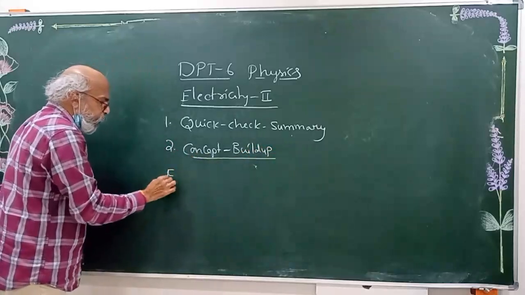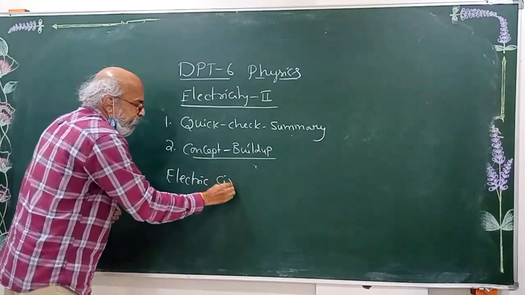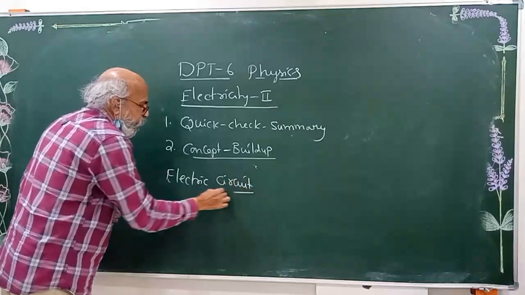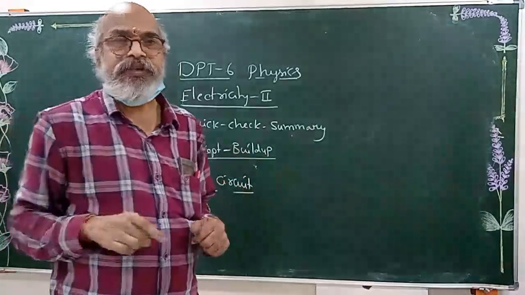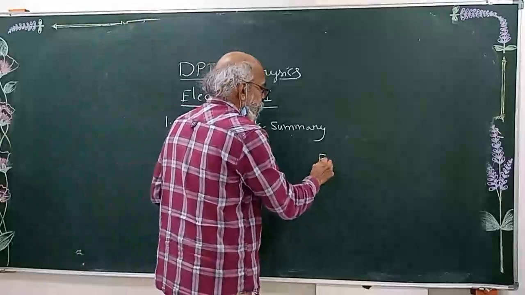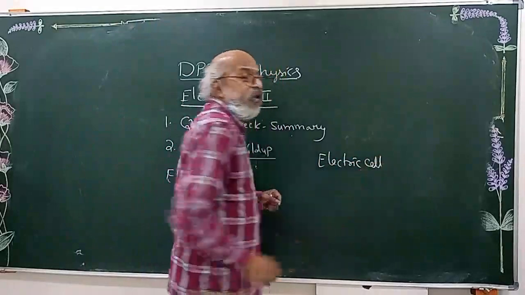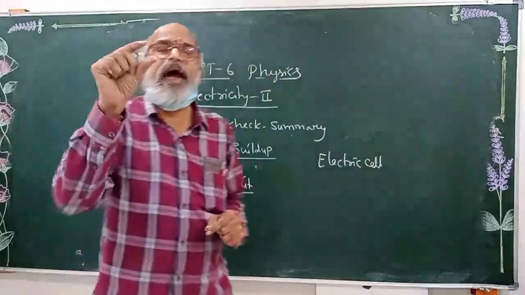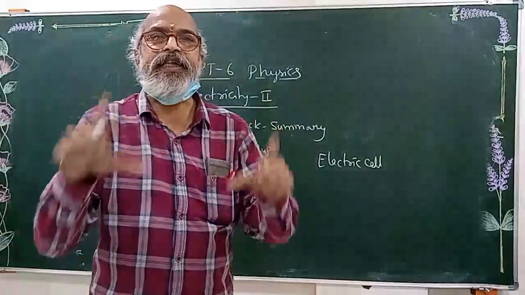In electric circuits, here we are concentrating on utilizing electricity. Already we spoke at length about the source of electric energy. The source of electric energy is the electric cell. The electric cell utilizes the reactivity series and produces charge.